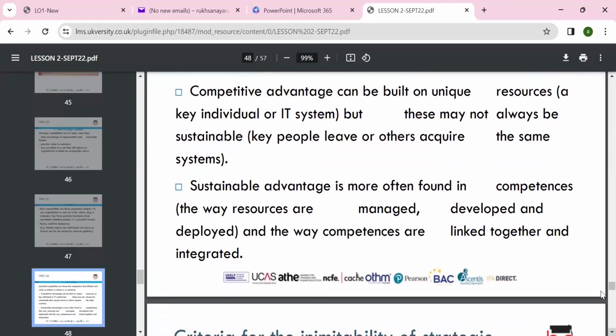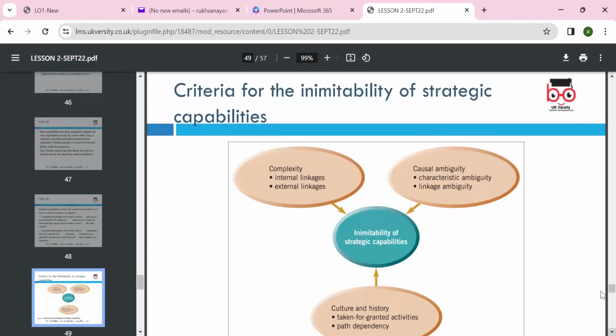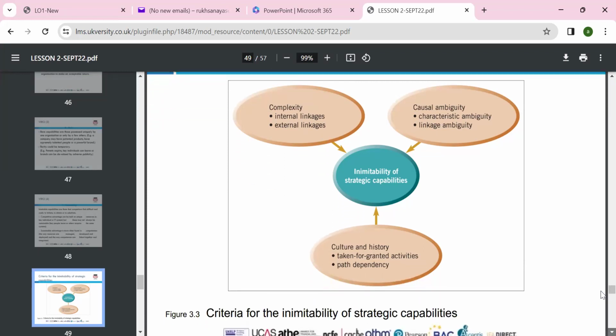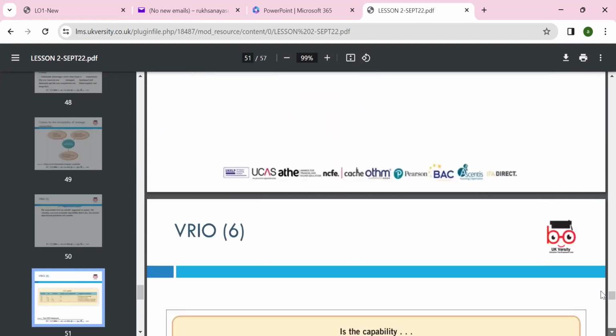Sustainable advantage can come from competency, the way we manage and use resources, and criteria for the inimitability of strategic capabilities: complexity, internal linkage, and external linkage with the environment, various stakeholders, cultures, and history. So basically this model we can use for organizations, value and inimitability.